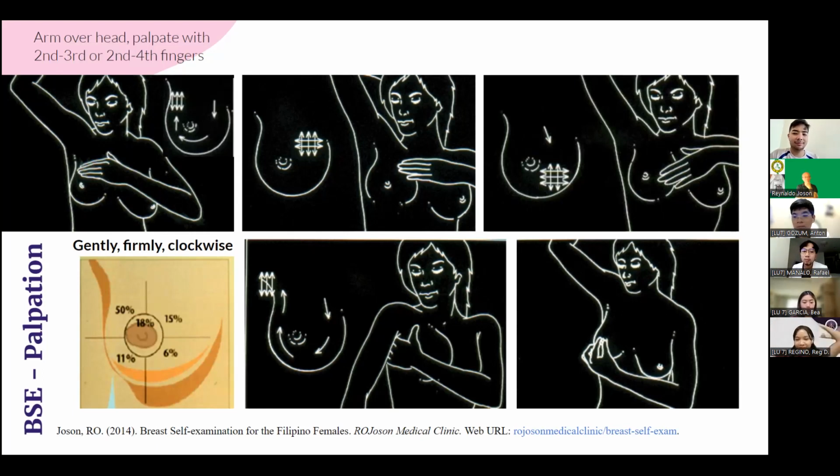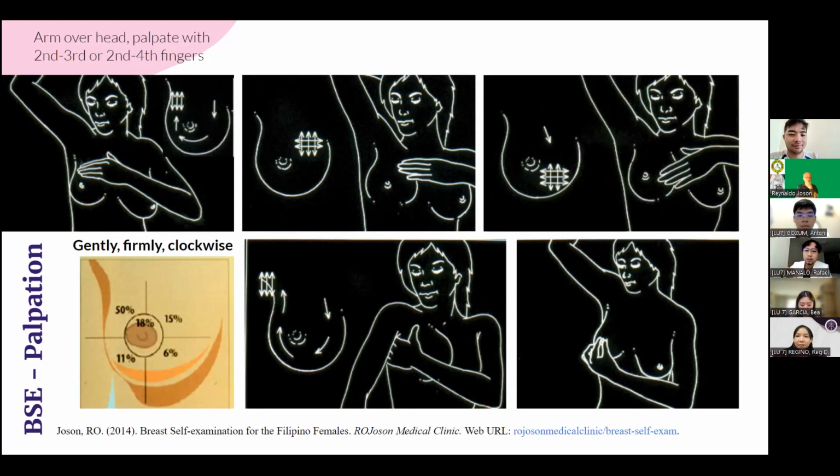And you can explain to them that given this figure with the quadrants of the breast, see here the percentages of where the breast tumor is most likely to be seen. A lot of the breast tumors are at the upper outer quadrant, half of them, 50%, and the others much less. And there's about an 18% rate of breast tumor occurrence around the nipple areolar complex.